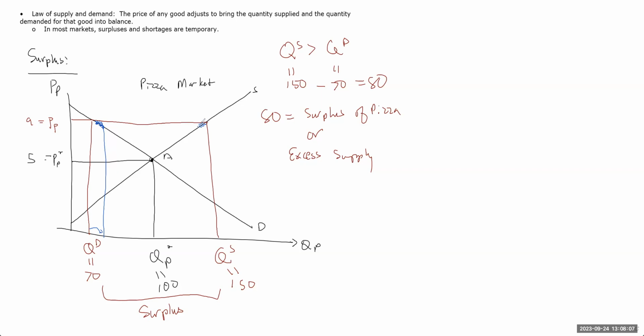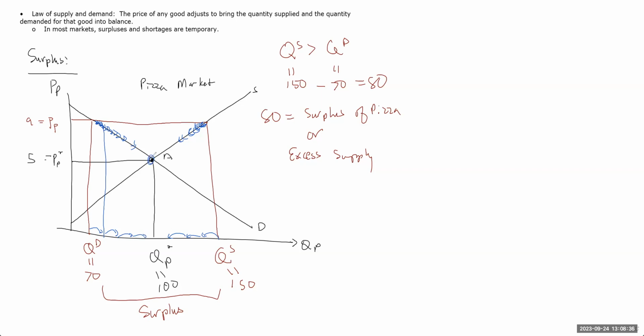And then some sellers realize that when the price dropped to $8, they can't sell pizza anymore, so they get out of the marketplace. This continues. Price drops to $7. More people enter, more sellers exit. We keep going at this. More consumers enter, more sellers exit.